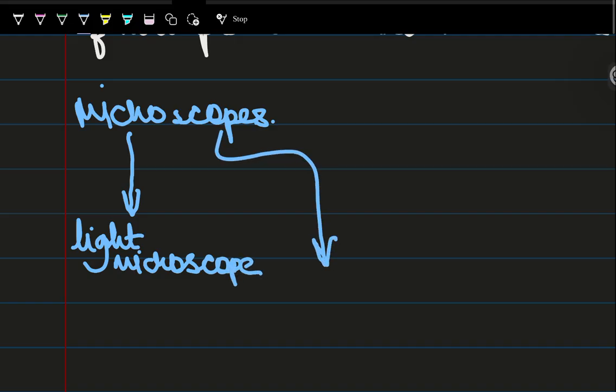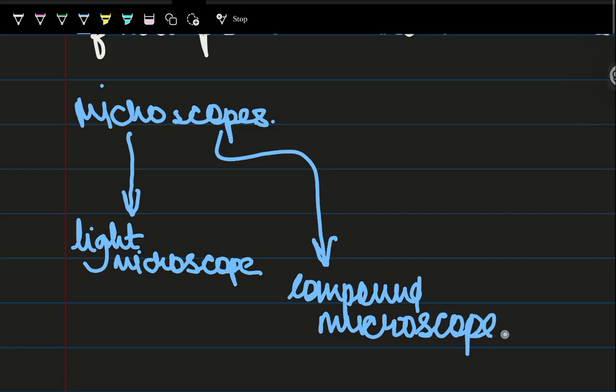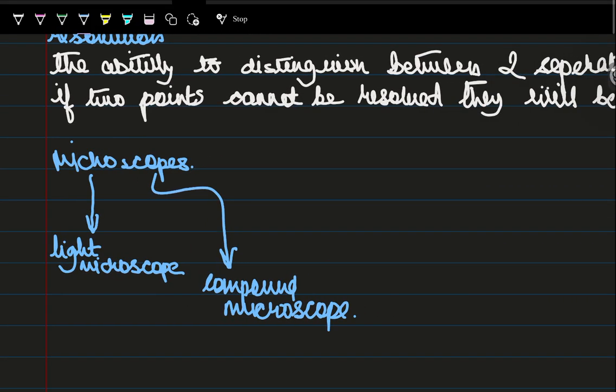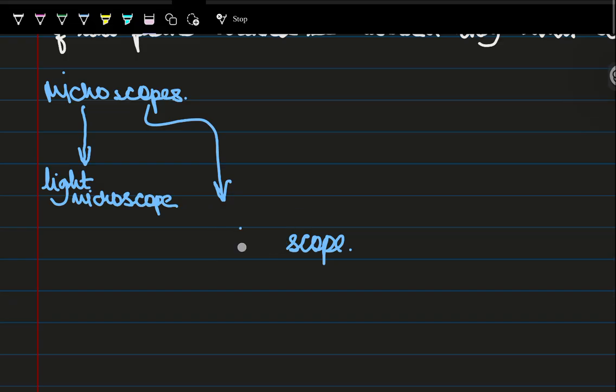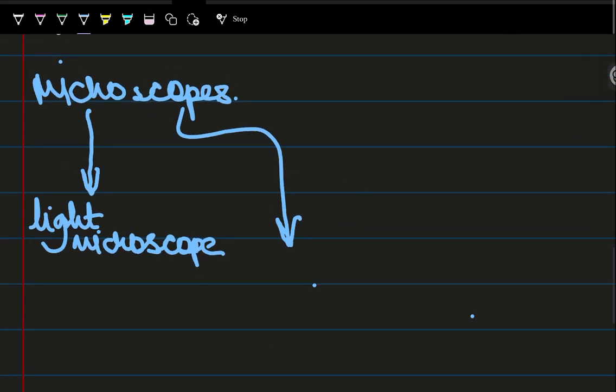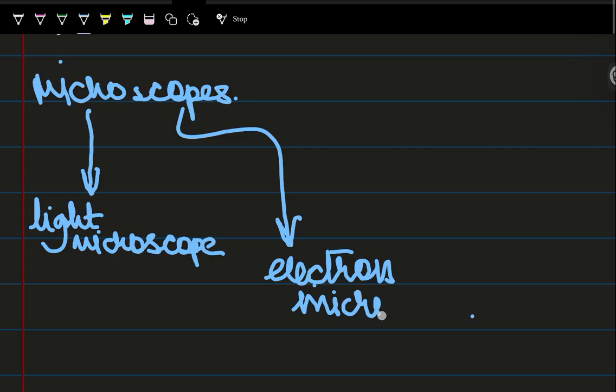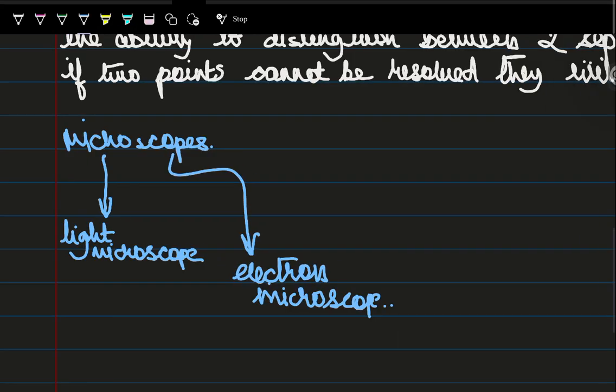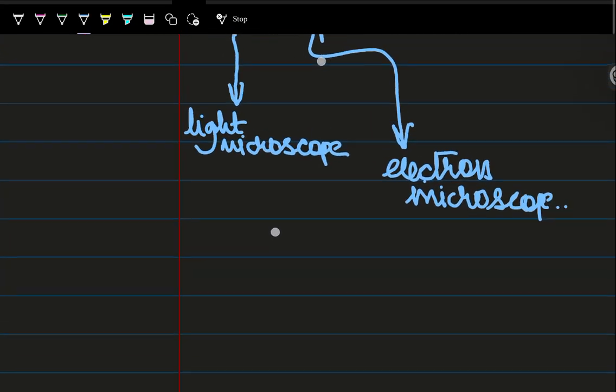And one is the electron microscope. Sorry, I got confused. So we're gonna first talk about the light microscope.